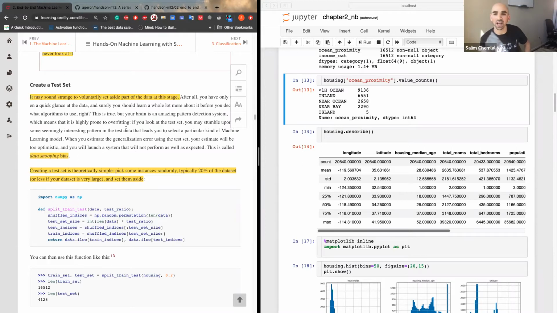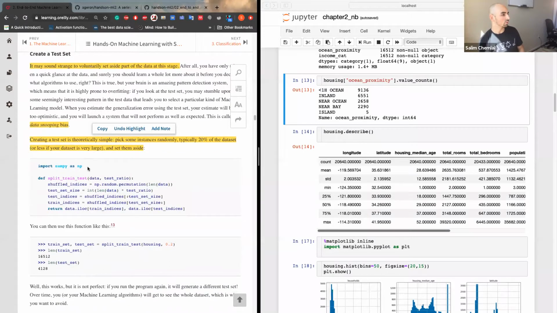Once we look at the data, we may start making some assumptions, which will lead to bias in selecting the test set. This is called data snooping bias, so we definitely don't want that. We just want to split out the test set as is.